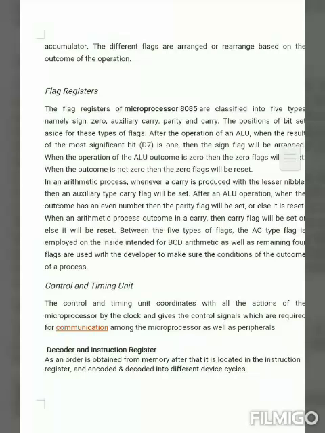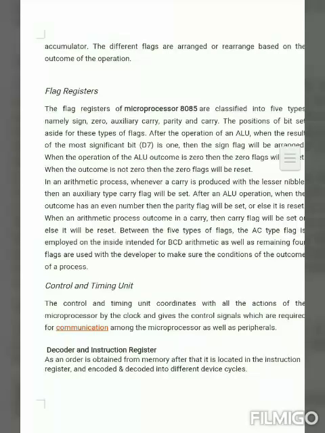The sign flag is set when the most significant bit 7 is 1. The zero flag will be set when the outcome is 0. Then the zero flag will be reset when the outcome is not 0.